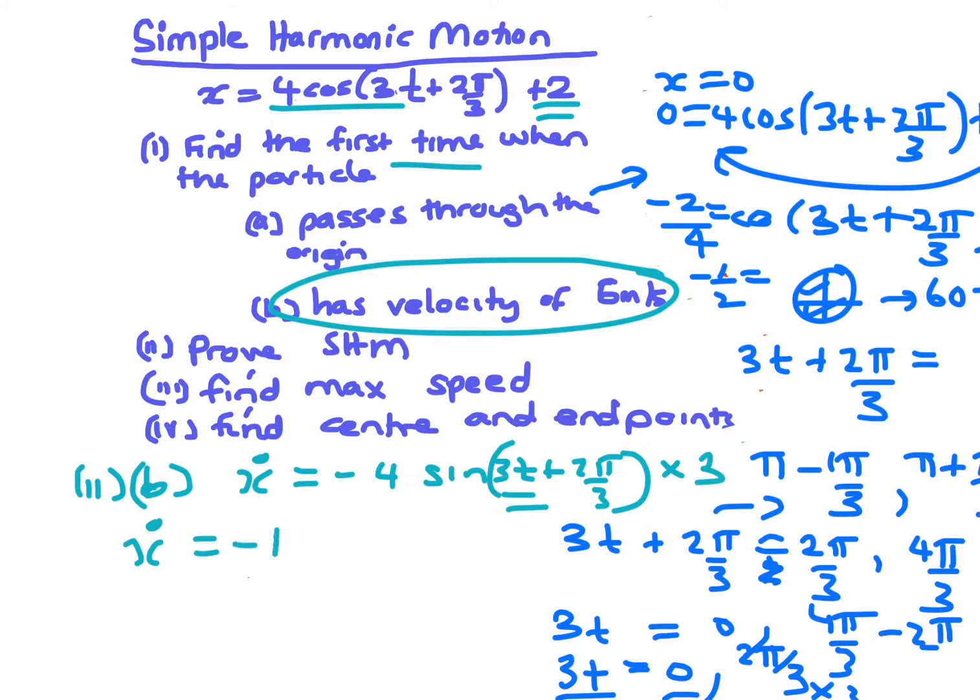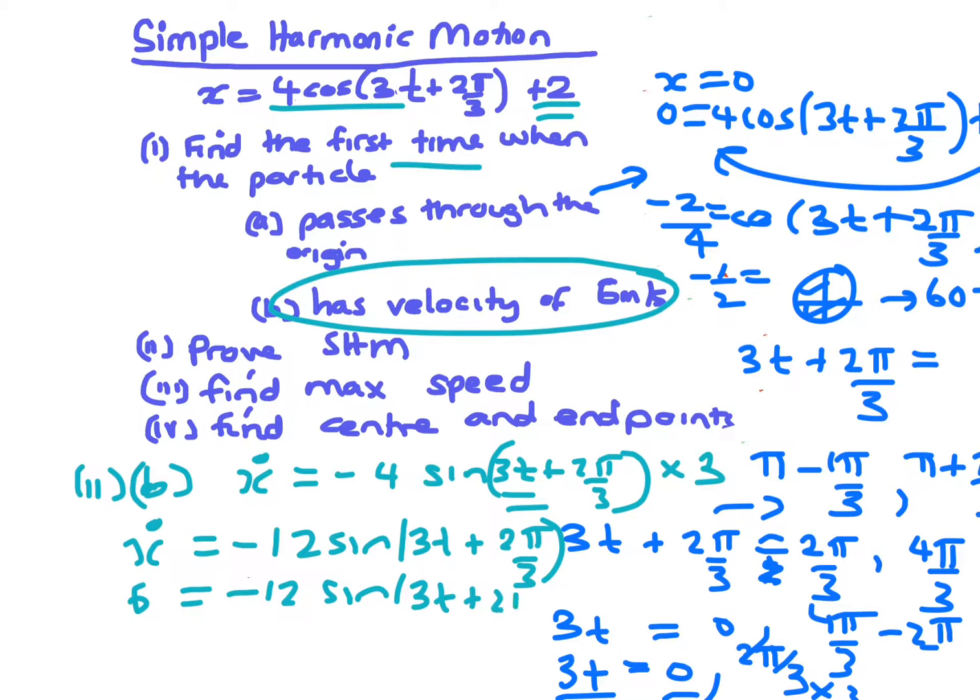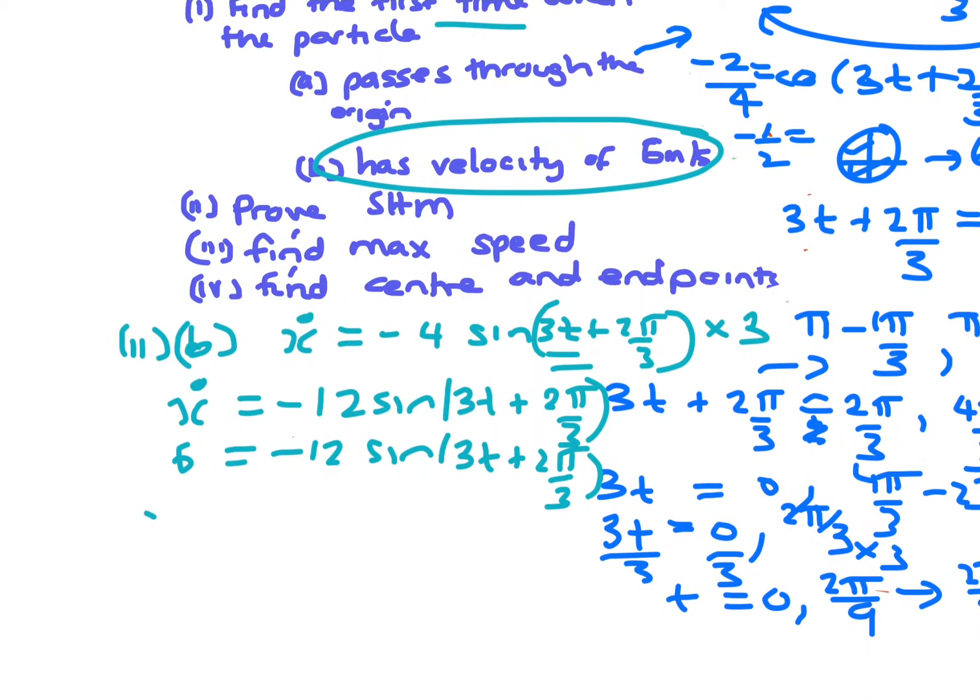So that's going to be minus 12 sin(3t + 2π/3). So we want to know when that equals 6. So 6 equals minus 12 sin(3t + 2π/3), and then sin(3t + 2π/3) equals minus a half.